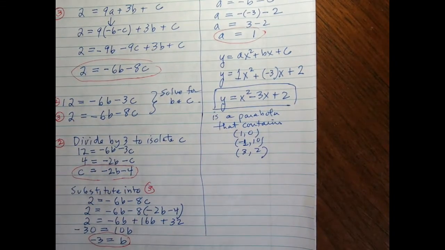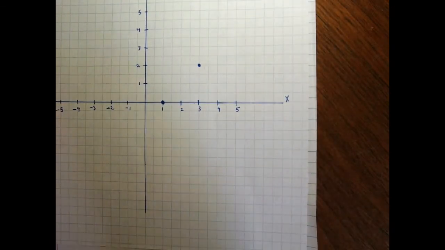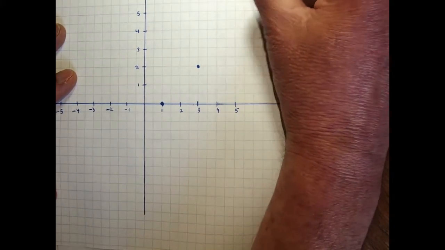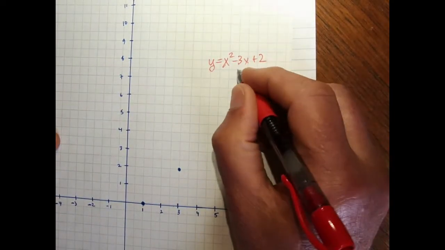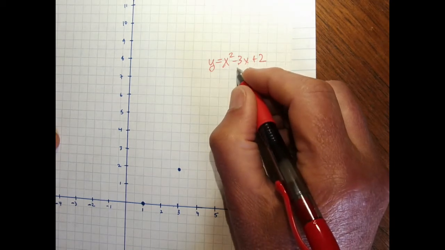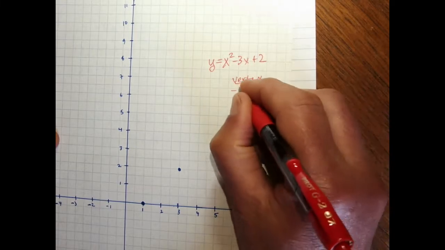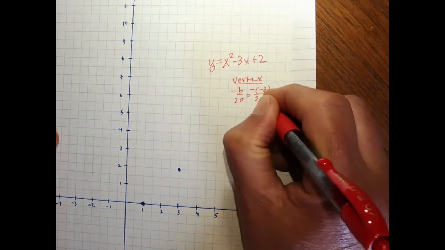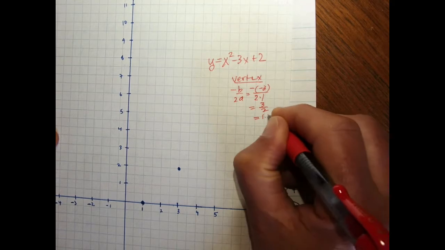And so we're done. But I just want to go to this graph and think about what the graph of y equals x squared minus 3x plus 2 would look like. We can find the vertex using the negative b over 2a formula. Negative negative 3 over 2 times a is going to be 3 halves, or 1.5.